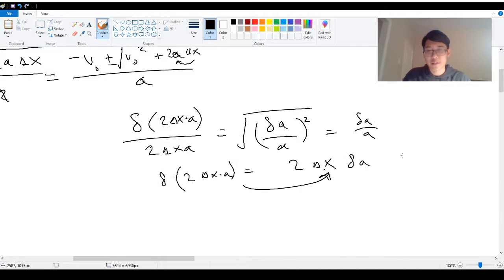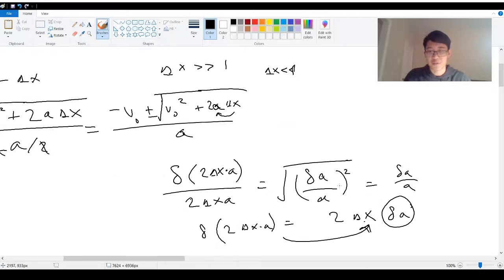So if we can imagine that the uncertainty in A is extremely large, that means if delta x is a large number, it will also propagate a lot. And the uncertainty of the entire equation will be largely based off this combination of delta x and delta A, right?